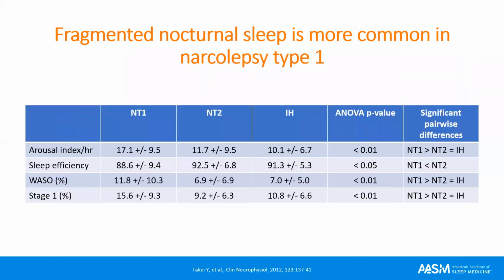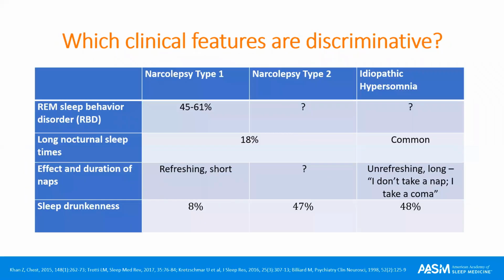I think if you dig into the data, you will see that fragmented nocturnal sleep is more common in people with narcolepsy type 1 than with narcolepsy type 2 or idiopathic hypersomnia. So this is a study where the narcolepsy patients were not lumped, but were split by the absence of cataplexy or the presence of cataplexy. And you can see on a variety of sleep measures, people with narcolepsy type 1 have fragmented sleep that is less of an issue for narcolepsy type 2 and idiopathic hypersomnia.